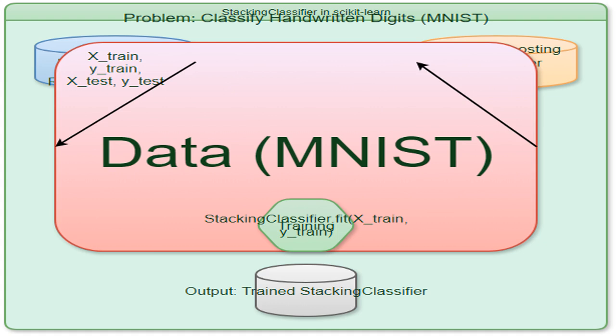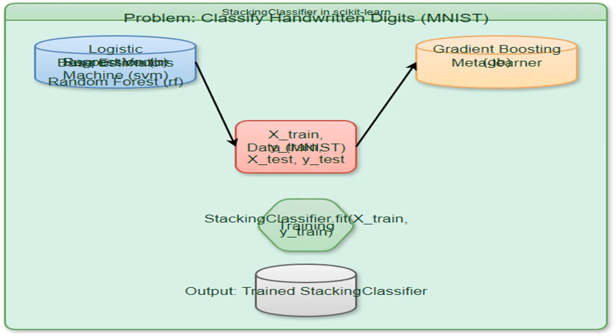The model learns patterns from the provided training data, X_train, Y_train, so that it is able to make predictions based on unseen data, X_test. The result is a trained model ready to classify new, unseen handwritten digits from the MNIST test set, using the best strategy that incorporates the strengths of multiple models for better accuracy.